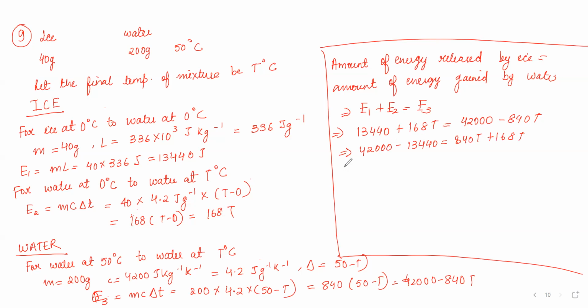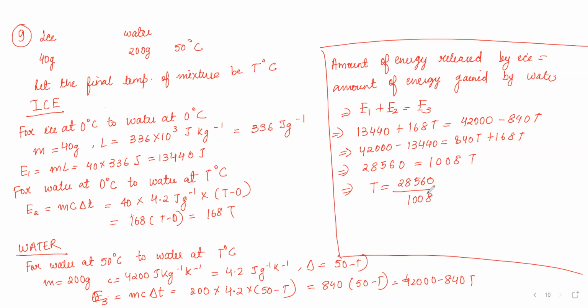So how much will this be equal to? If you subtract, this is equal to 28560, and upon addition, this is going to be equal to 1008 T. So this implies T is equal to 28560 divided by 1008.